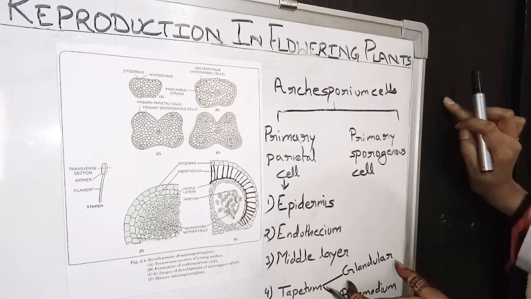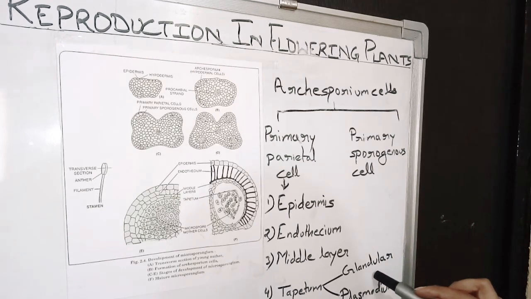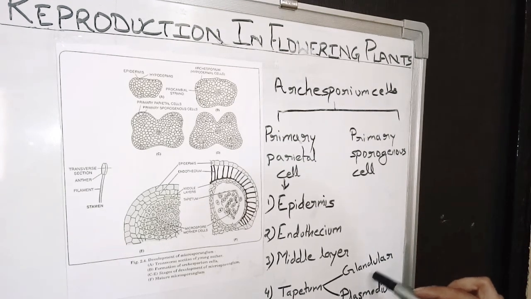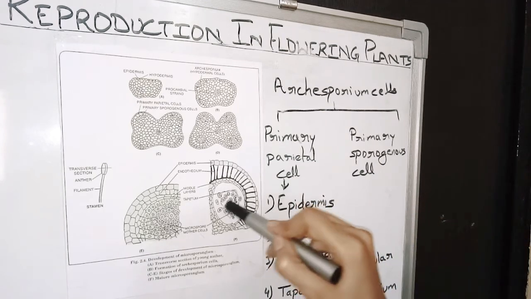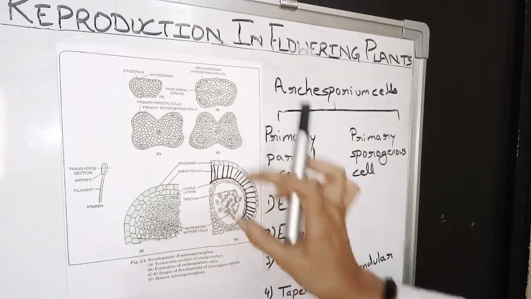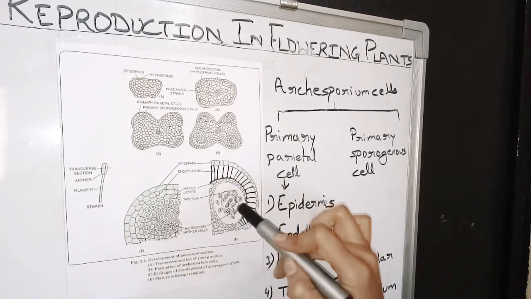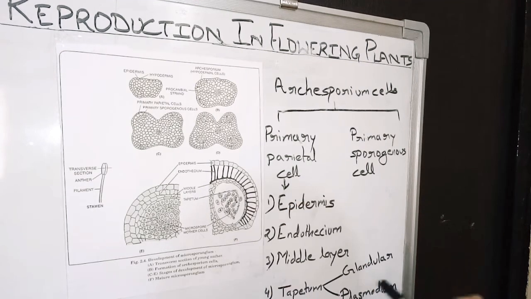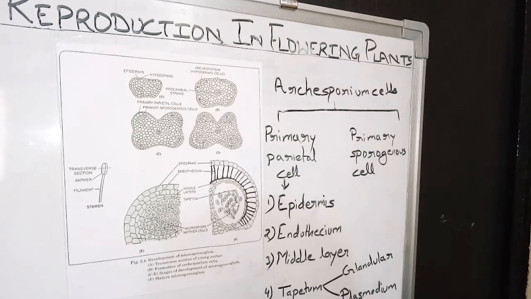Glandular is the type of cell which provides nutrition later, after the formation of microspores. Here microspores are developed in the microsporangium. This is the microsporangium, and inside it microspores are developing. So after meiotic division, glandular cells provide nutrition, and plasmodial cells of the tapetum provide nutrition to the growing sporangial cells.